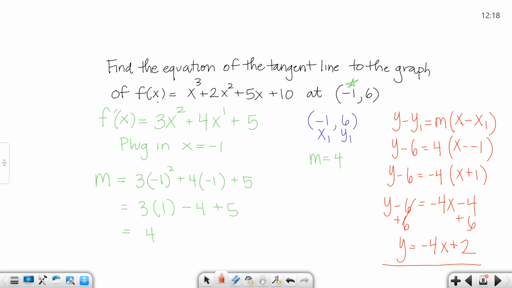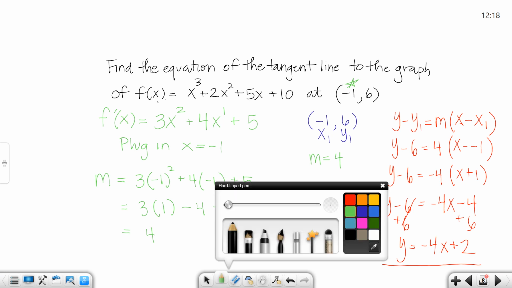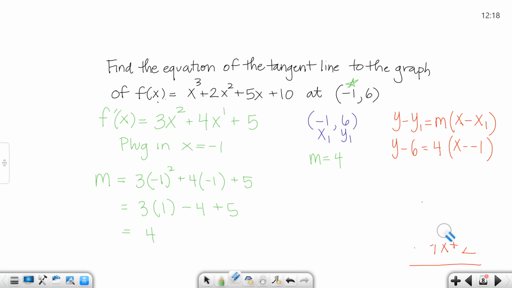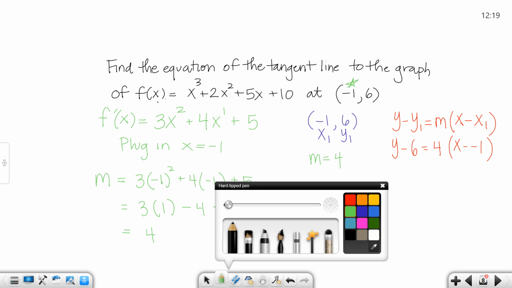Okay, so I found the mistake. So right here, you'll see a mistake. So let's go back and fix it really fast. So I miscopied it and I put a little negative right there. So that was wrong. So let's go back and fix it. That way we don't have to start the whole video back over. So sorry. Math teachers make mistakes too.